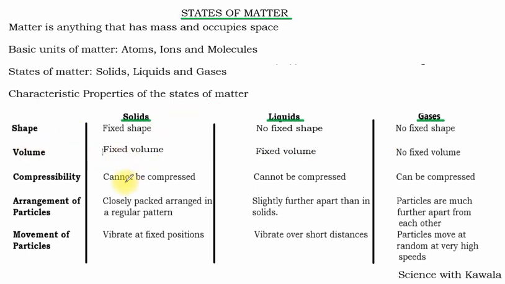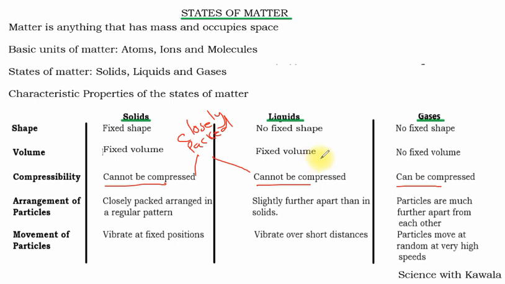Compressibility. Solids cannot be compressed, and liquids as well cannot be compressed. Gases can be compressed. Why is it that solids and liquids cannot be compressed? The reason is simple. The particles are closely packed as well.